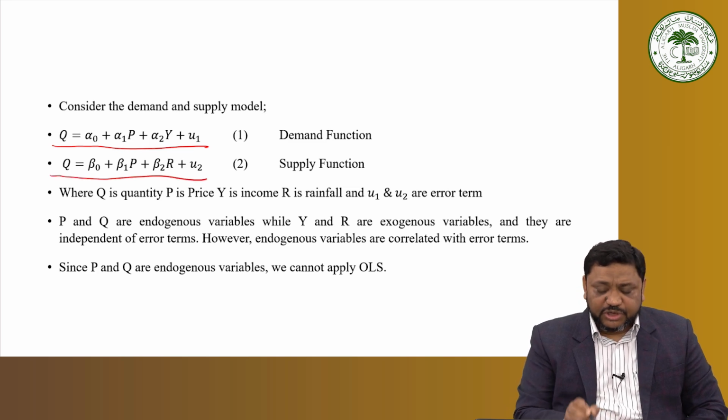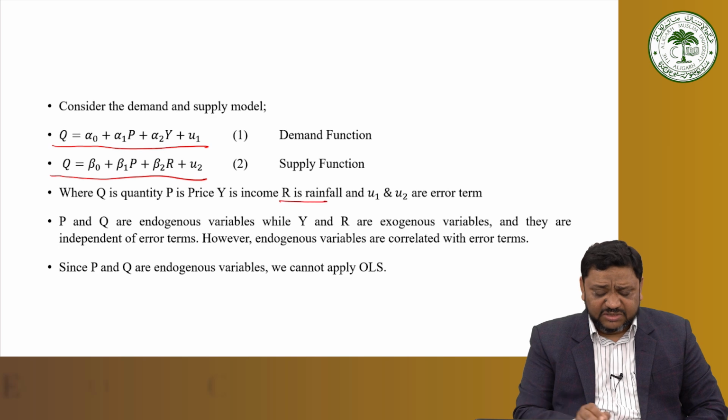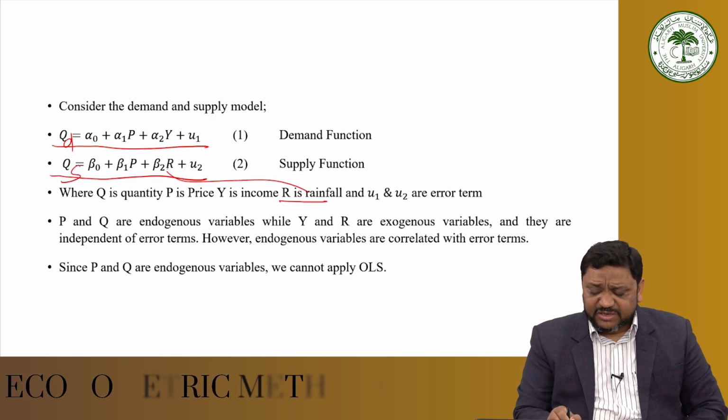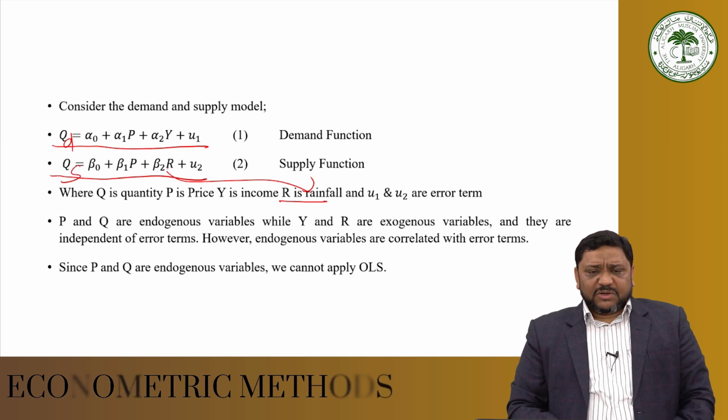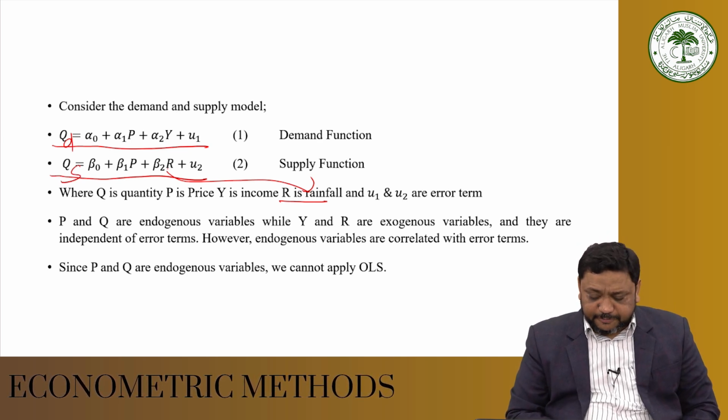And Q is equal to beta naught plus beta 1 P plus beta 2 R, and this is my supply function, where this is QD and this is QS. So R over here is say rainfall. Our agricultural product supply is very much dependent upon rain, so we can take that.